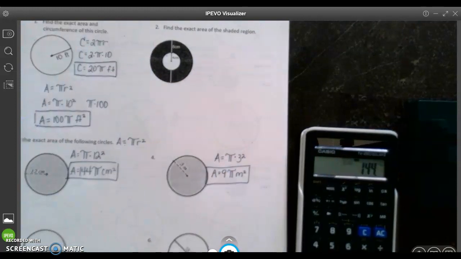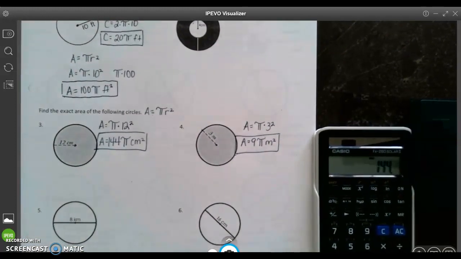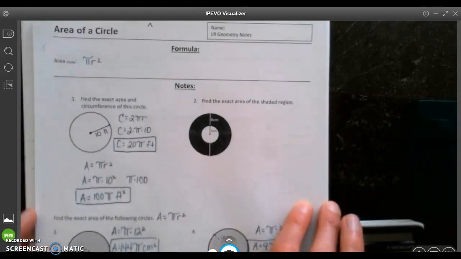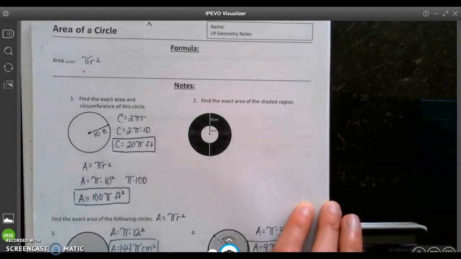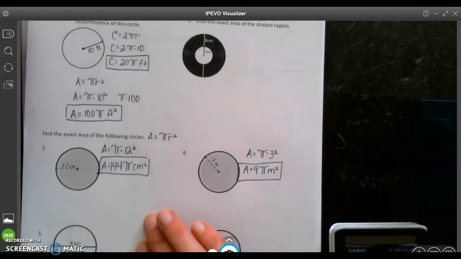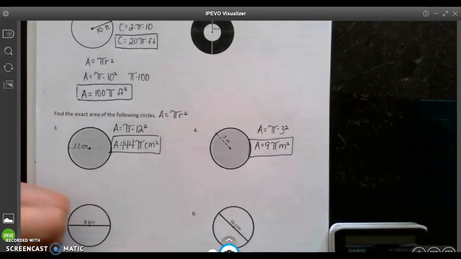Number 5, now we have the diameter. The diameter we cannot plug into this formula. We don't have a separate formula for area when we have the diameter. So what we have to do is take the diameter, which is 8, divide it by 2, and that means our radius is 4.